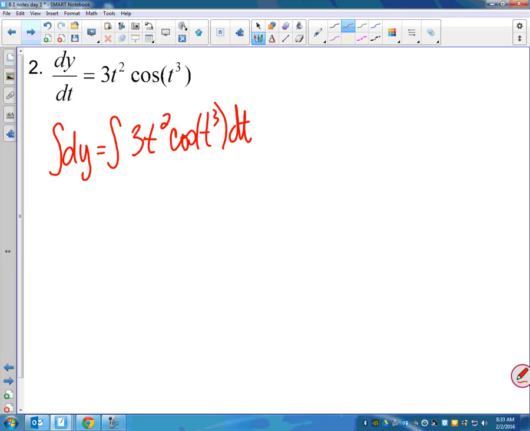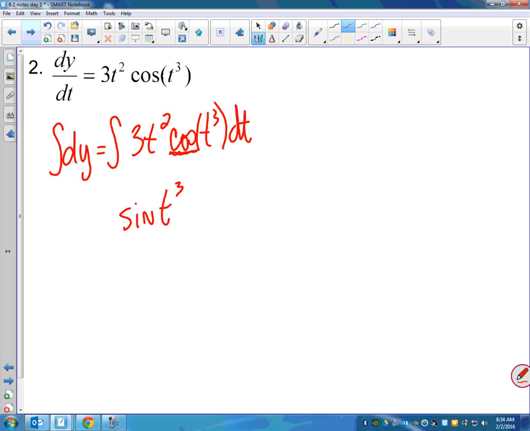Because we have our cosine t cubed. Think about the derivative of t cubed is 3t squared, right? So really, you're just thinking about what is the integral of cosine, sine, right? And it's going to be sine of t cubed.